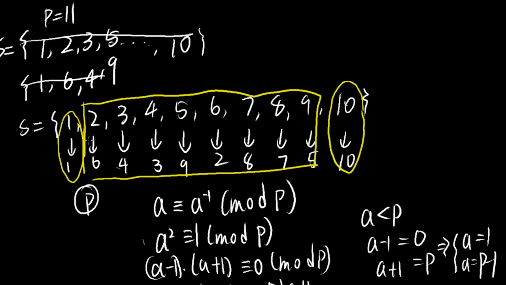But we know, if we see it clearly, the two sets of inverses are permutations of each other.